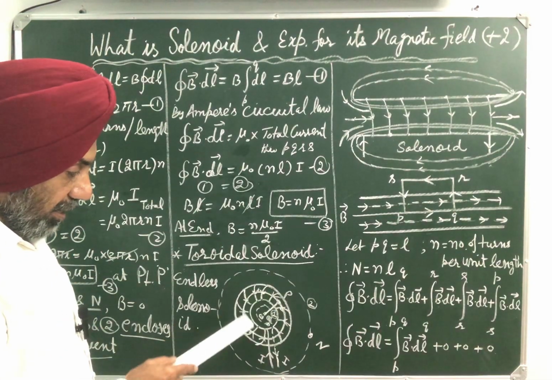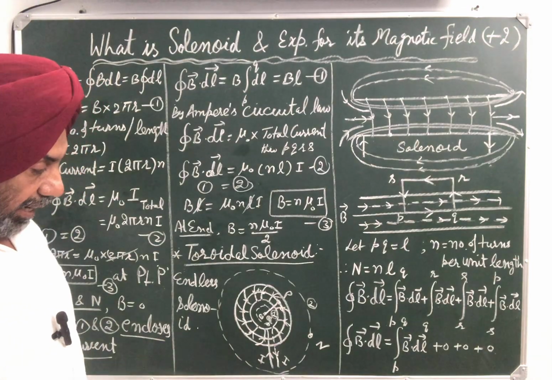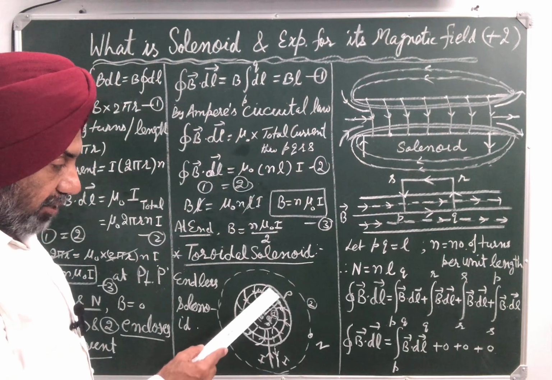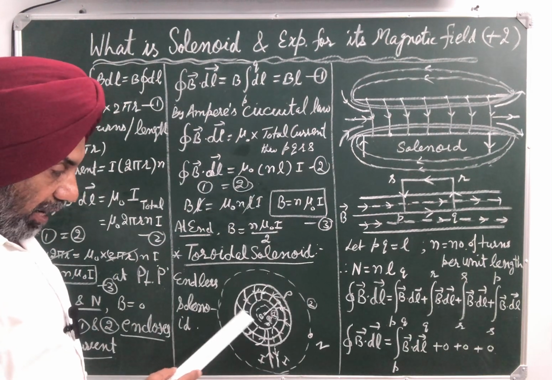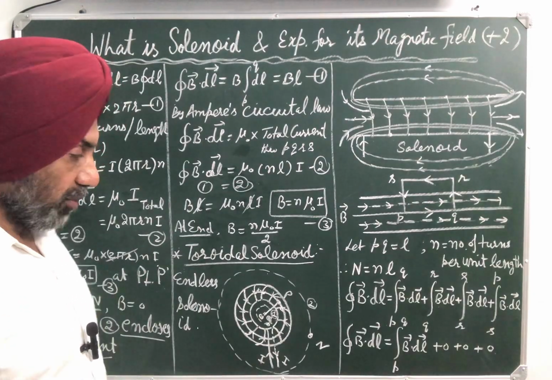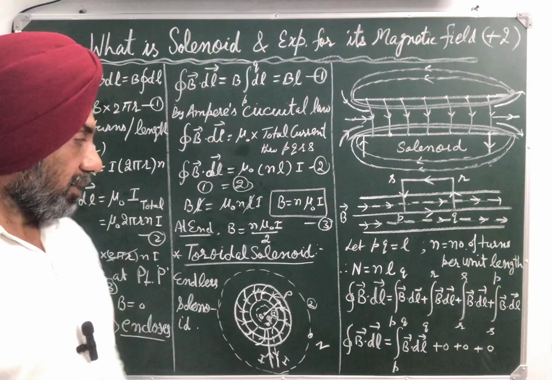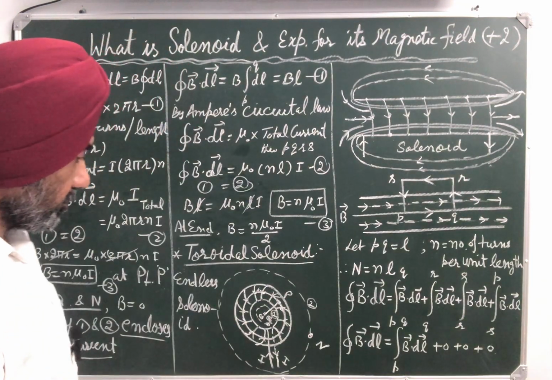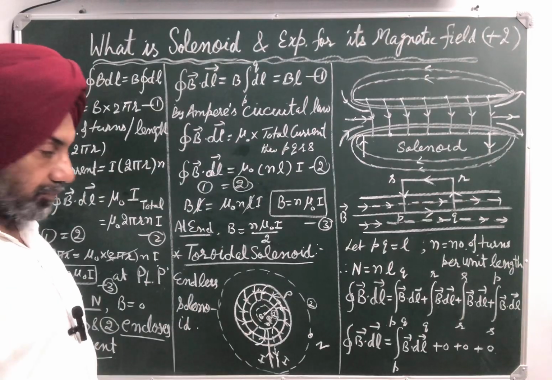This is the axis of the solenoid. And suppose R is the radius of the solenoid and a large number of insulated copper wires are wound on the circular ring which forms the endless solenoid, or it is known as toroidal solenoid. It is in the form of a torus.